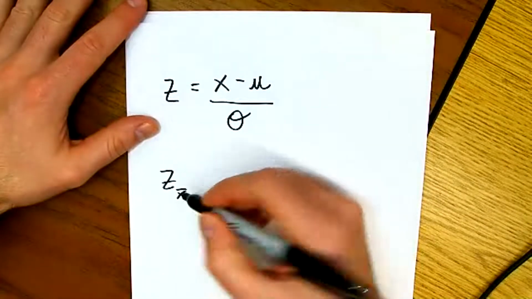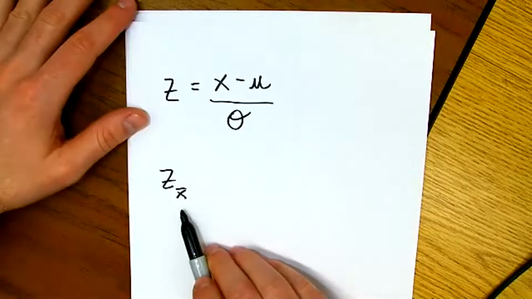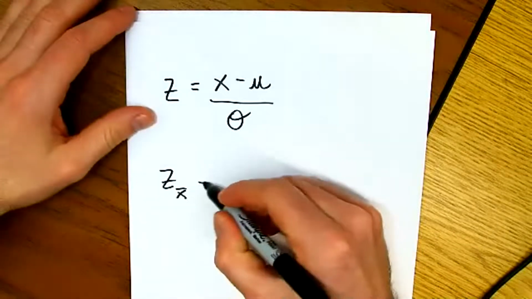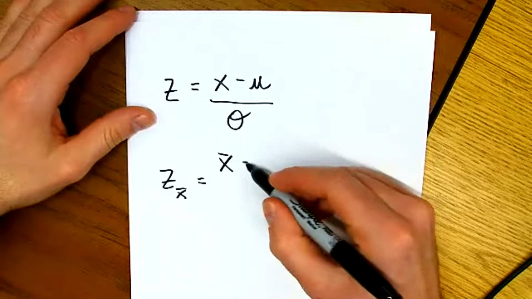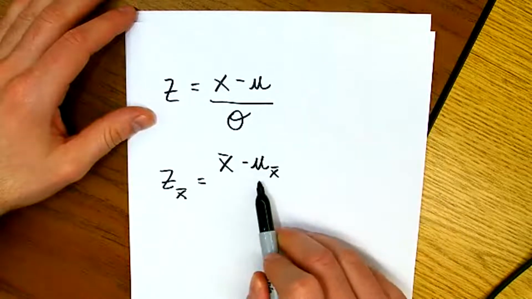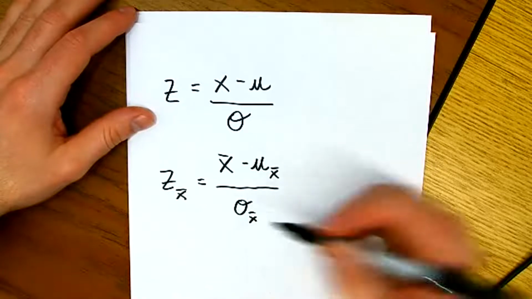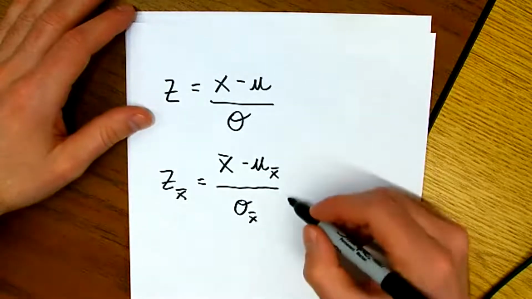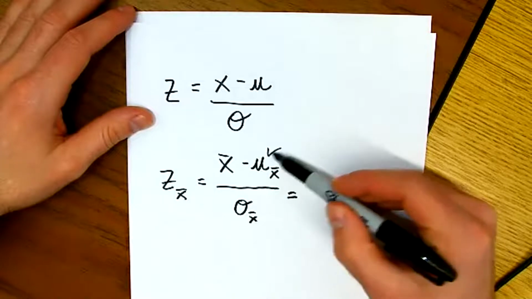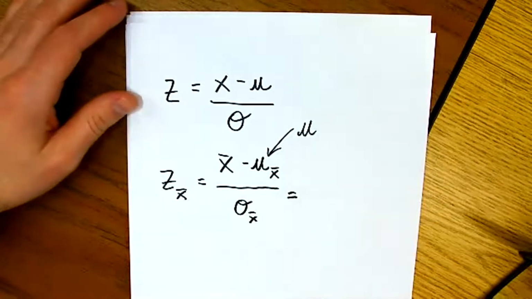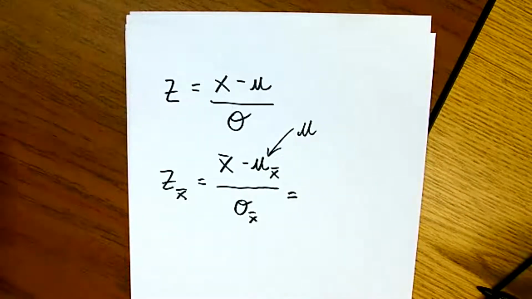So we want to turn this sample mean into a z-score. What we're going to do is subtract the mean of my sample means and divide by the standard deviation of my sample means. Well, we know that the mean of my sample means is always just the mean of whatever the data I sampled from was.